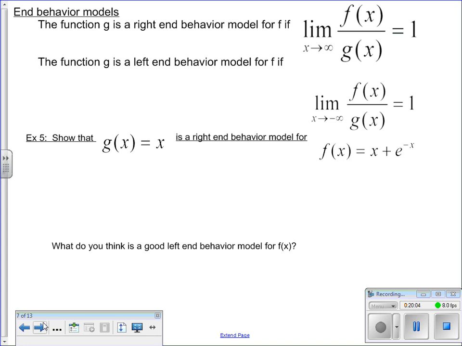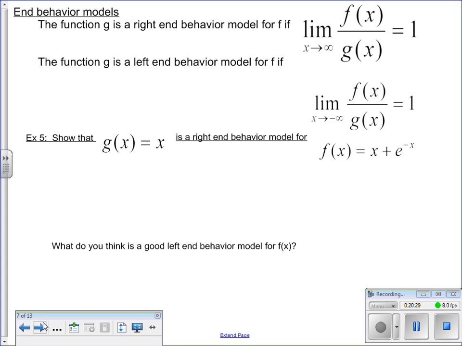So, show that x is a right end behavior model for x plus e to the negative x. Here's essentially what you're doing. You use end behavior models to discuss what's going on and to find possibly asymptotes, but also to describe what's going on.